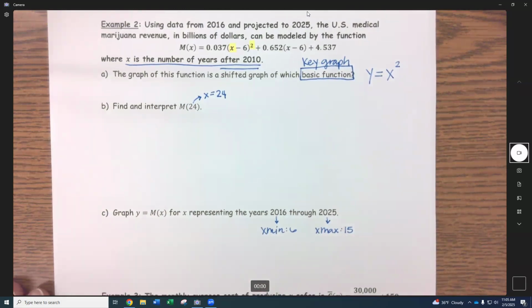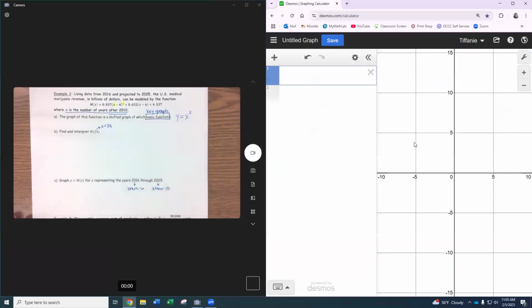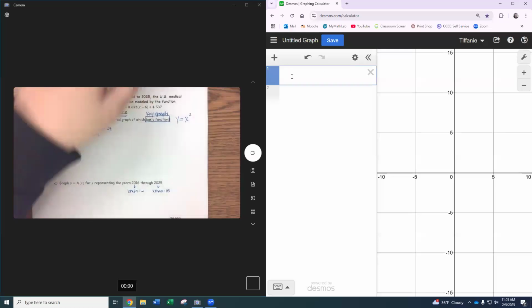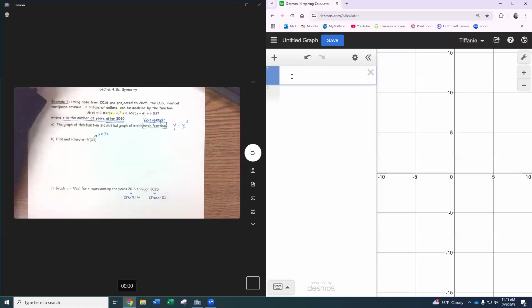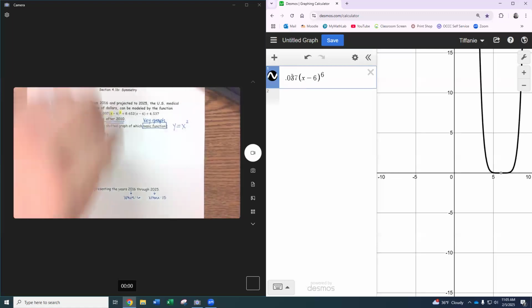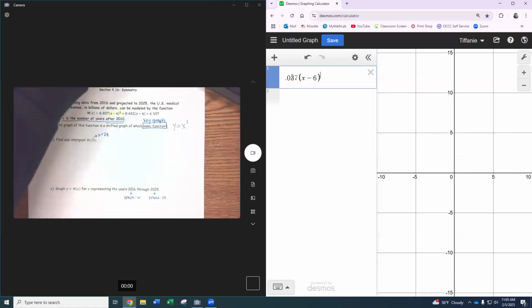Okay, so let's pull up Desmos. And to save a little bit of time, I should have already had this typed, but here we are. Okay, so we're going to type this in exactly the way it looks. Oops, not to the 6th.